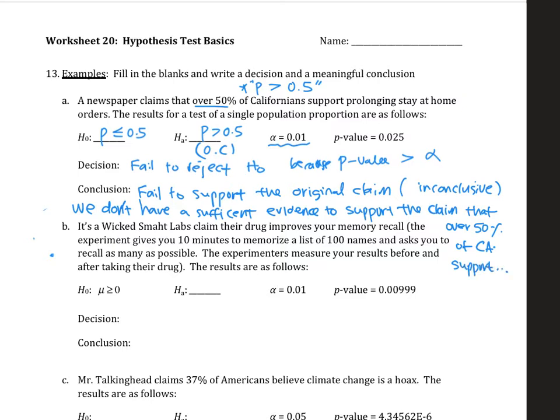Being lazy here, right? So this will be my final conclusion: we don't have sufficient evidence to support the claim. That basically is saying you failed to support the claim.